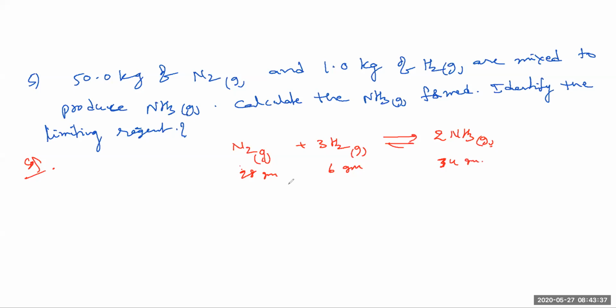But according to the given data, kgs are given. So now I convert this into kgs. That means 28 kg of nitrogen and 6 kg of hydrogen are involved, then 34 kg. The ratio is 1:3:2.